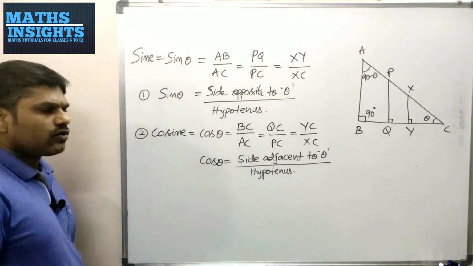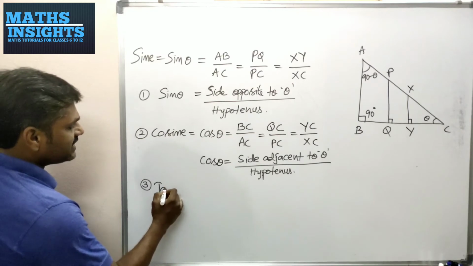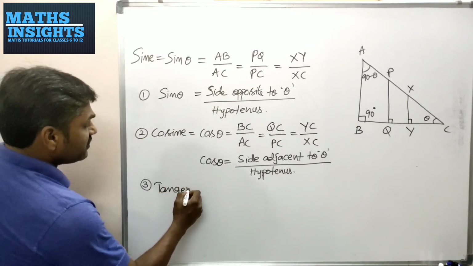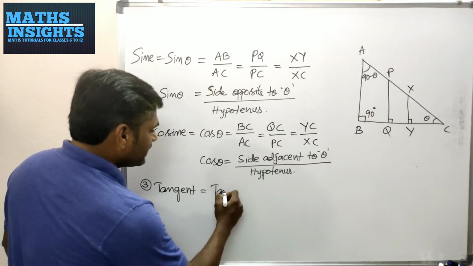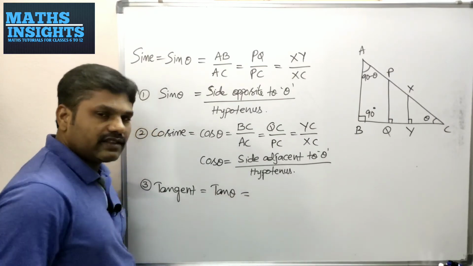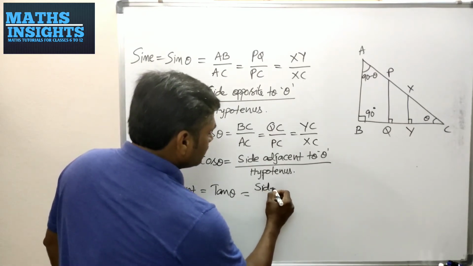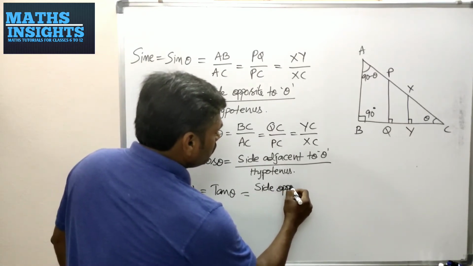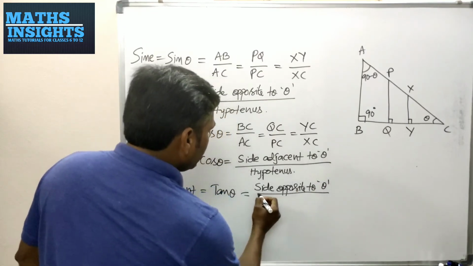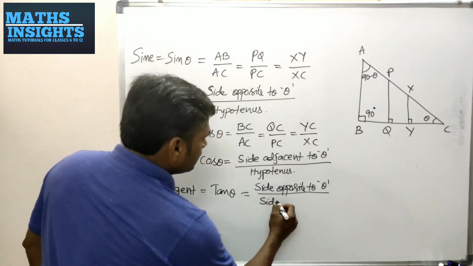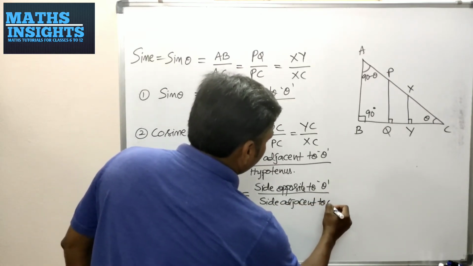Similarly, you have the third trigonometric ratio, that is tangent. This is very important. Simply we will write it as tan theta. Tan theta is defined as the side opposite to theta by the side adjacent to theta.